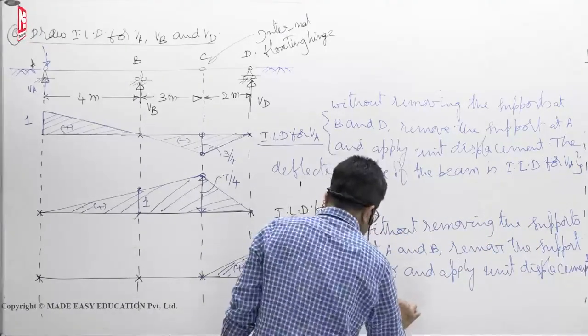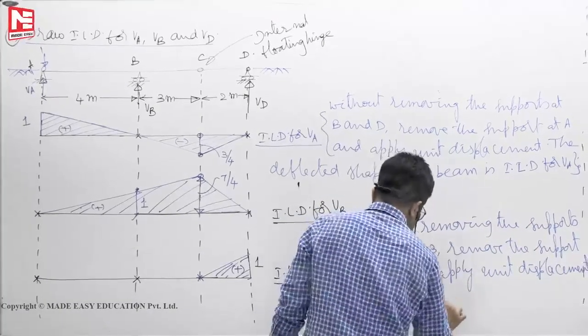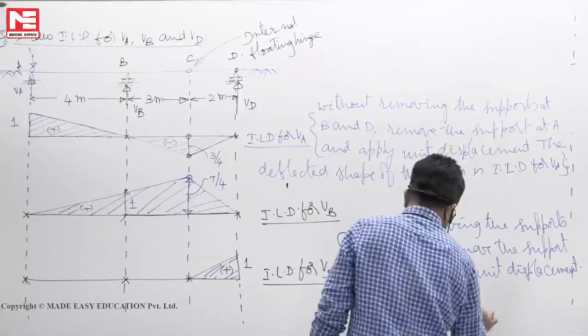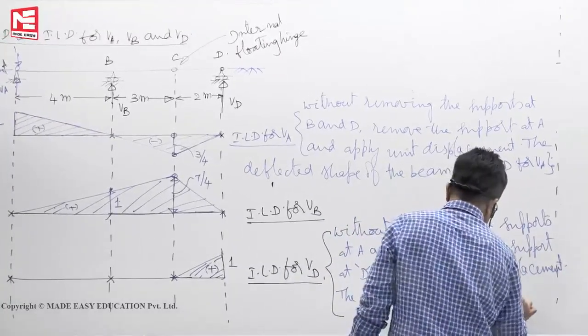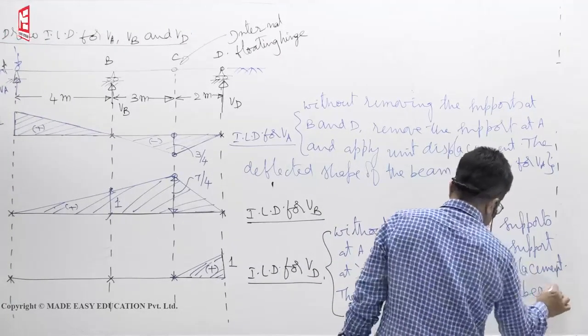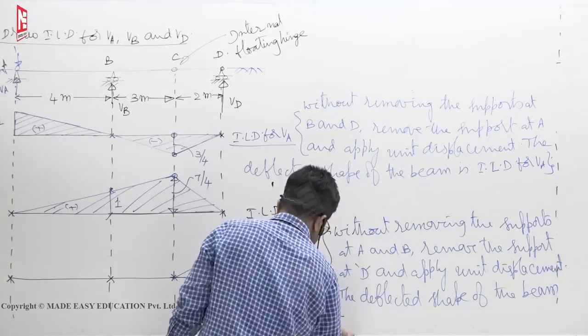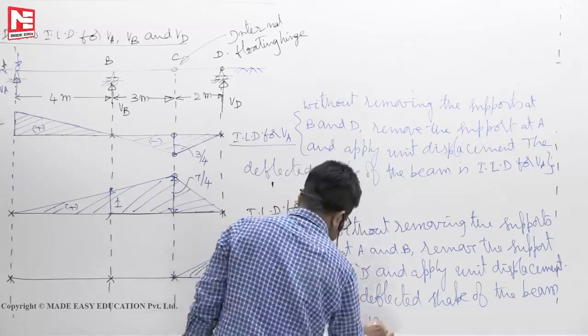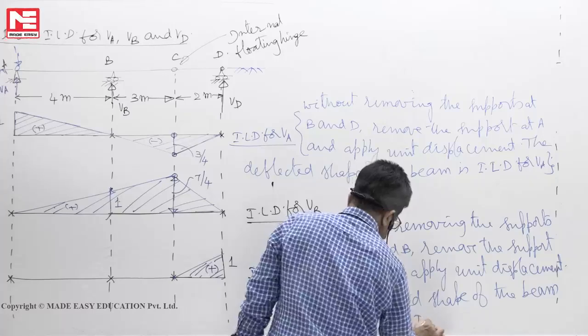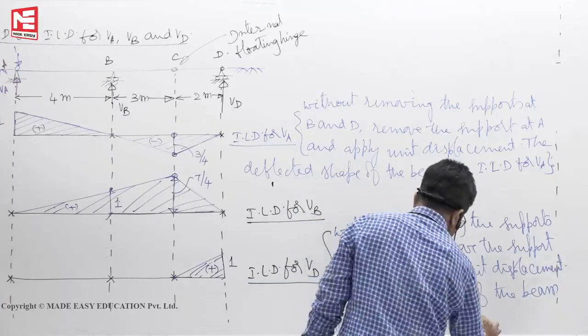The deflected shape of the beam itself is the ILD for VD.